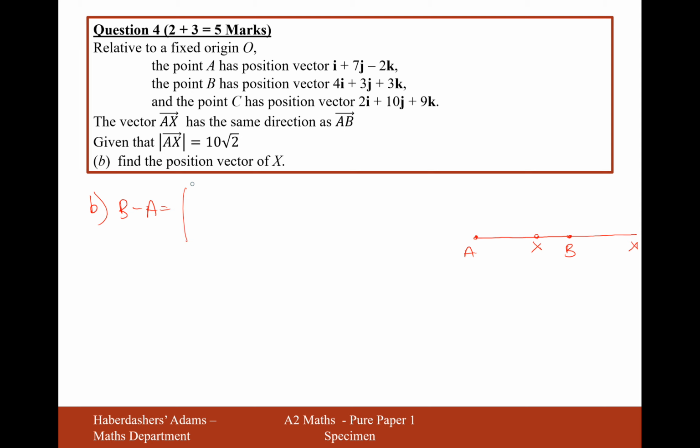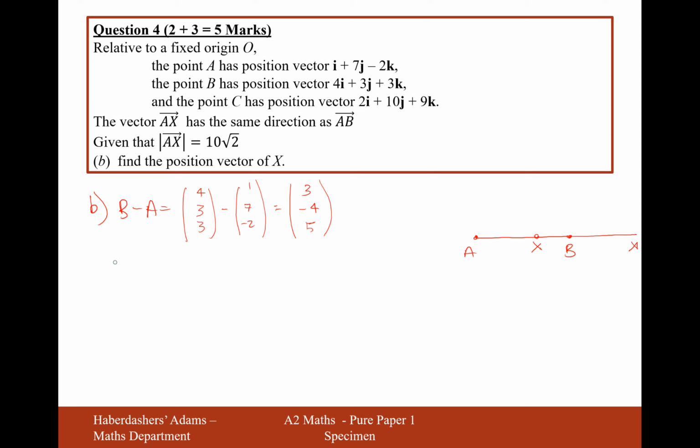We do B minus A to work that out. So 4, 3, 3, minus 1, 7, minus 2. So 4 minus 1, that's 3. 3 minus 7 is minus 4, and 3 minus minus 2 is 5.